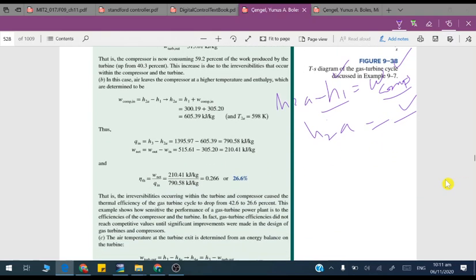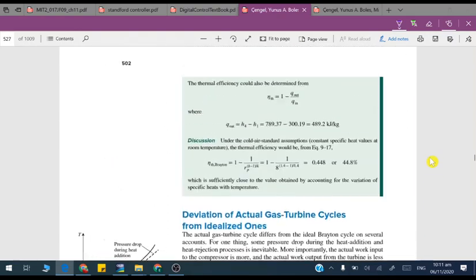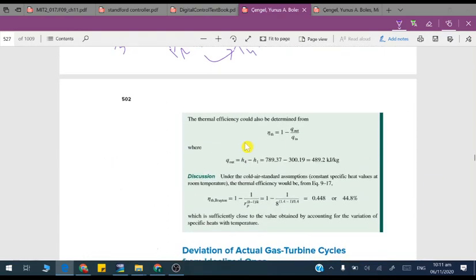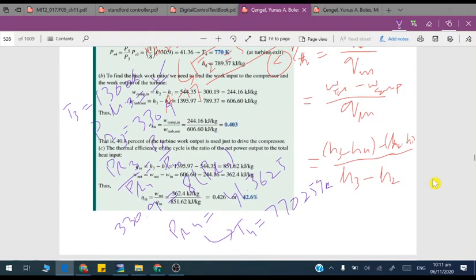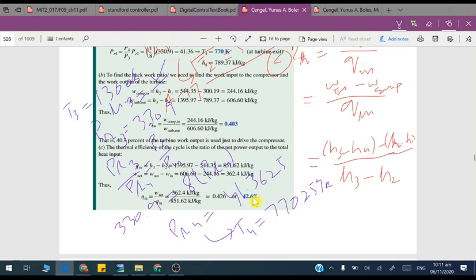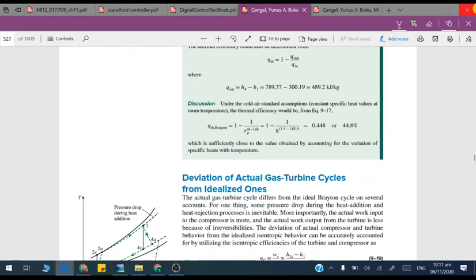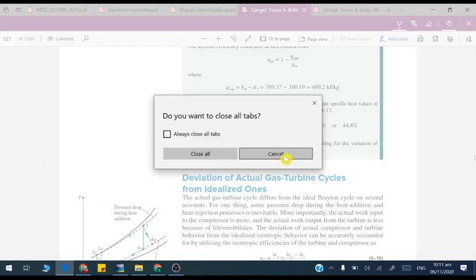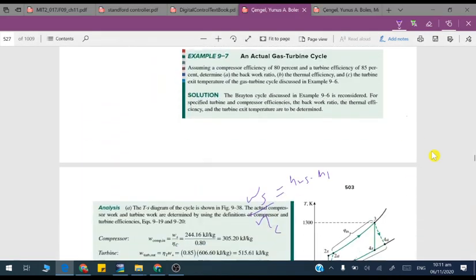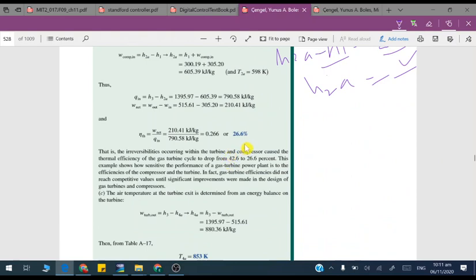So if you calculate the efficiency now, W net over Q in, it is 26.6%. Previously it was much larger. In the ideal case it was 42.6%, and now it is much less, 26.6%.